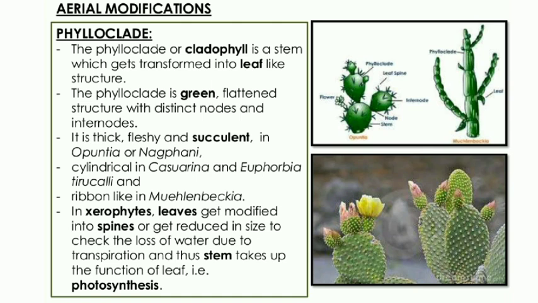Transpiration is a function of the leaves. Hence the function of leaves, photosynthesis, is taken up by the stem, but the stem does not have stomata, hence there is no transpiration in the stem. Hence the stem takes up the function of photosynthesis, right? Phylloclade.